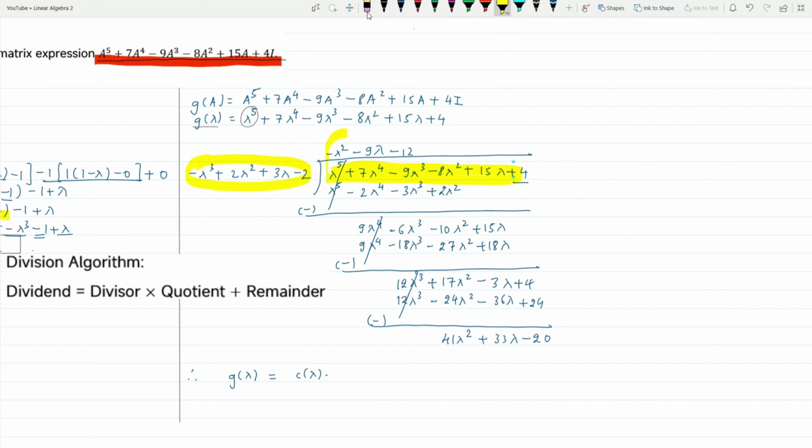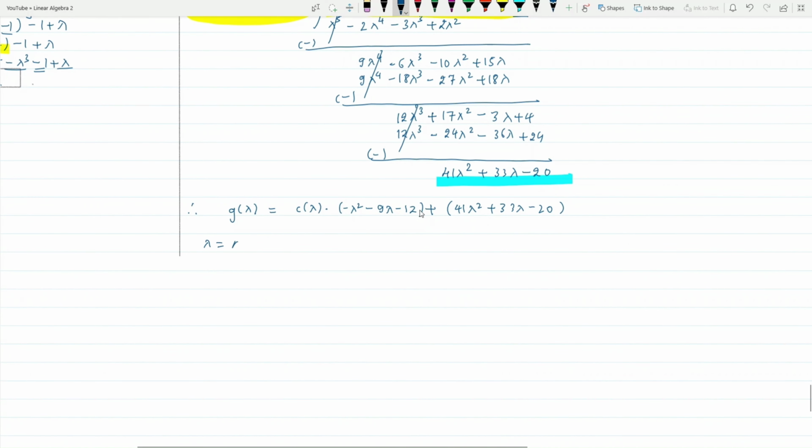The quotient is the quadratic polynomial here, so times minus lambda square minus 9 lambda minus 12 plus the remainder, and the remainder is this quadratic polynomial, 41 lambda square plus 33 lambda minus 20.